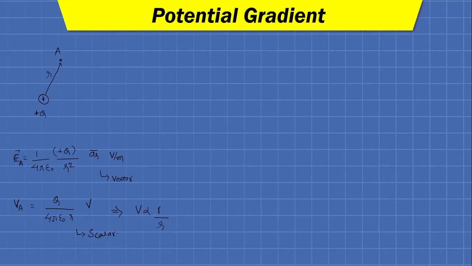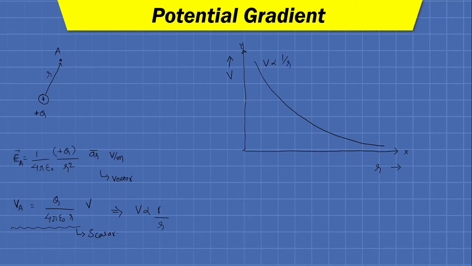So V is inversely proportional to R. If we plot the relationship between distance and potential, we take the independent parameter, distance, on the x-axis and the dependent parameter, potential, on the y-axis, and from this equation we can plot the characteristic as this one.